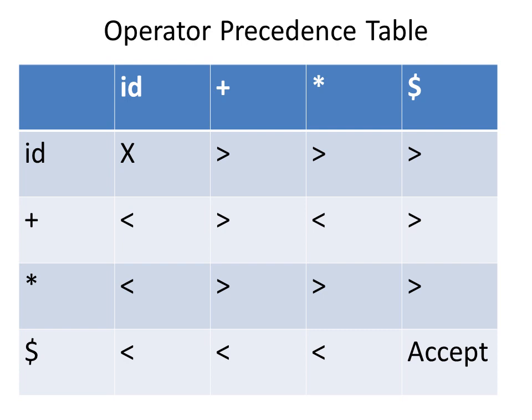As we know, when you use addition and multiplication, multiplication has the higher precedence and addition the lower precedence. So when you compare plus and star, plus is on the left side, so the less than symbol is used. Plus has less precedence than multiplication. And when you compare plus with the dollar, it is greater.